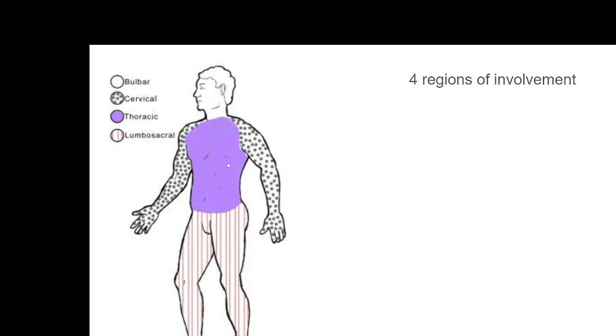Thoracic, where the thoracic area is involved. Lumbosacral, where the lower limb is involved. Some of the patients may have isolated regional involvement, with only certain regions involved. In some of the patients, all the regions could be involved. And more frequently, as I told you, the upper limb is involved first, and then the lower limb may be involved in a larger number of the patients.